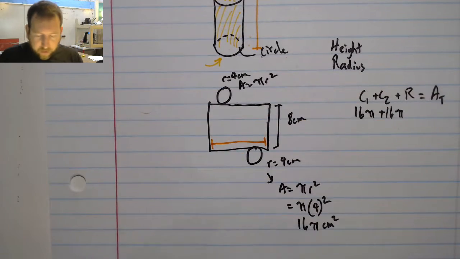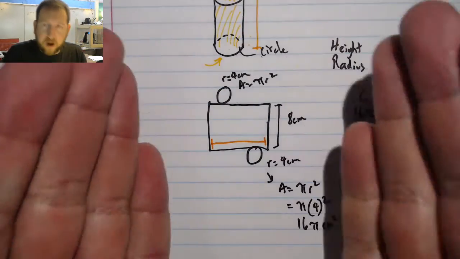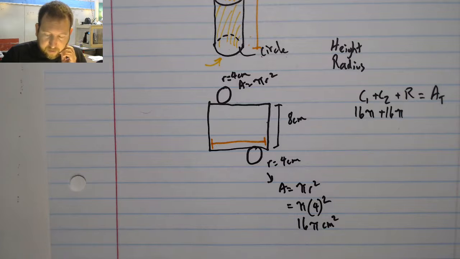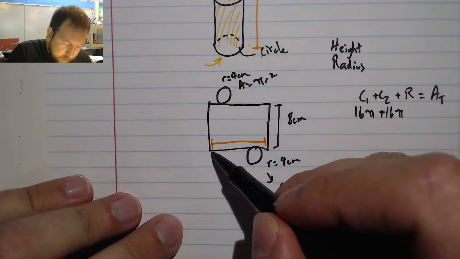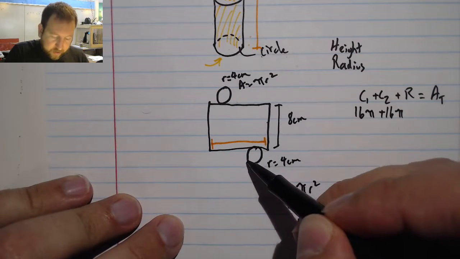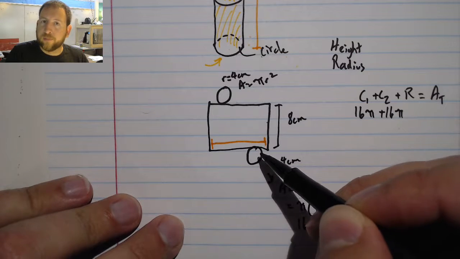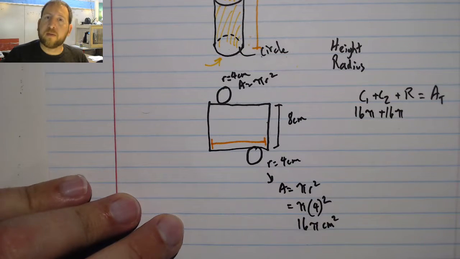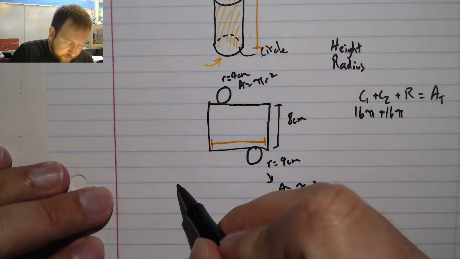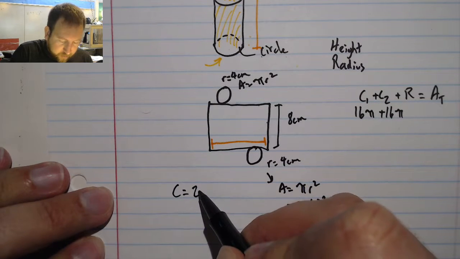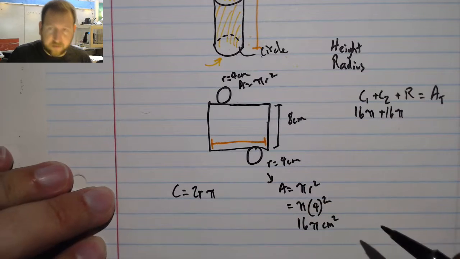Well, if you recall, if I rolled this cylinder up, the length around the bottom here is going to be perfectly equal to the length of the outer circle. So the length at the bottom is going to be the circumference of my circle. And if you recall, circumference is equal to 2 r times pi.